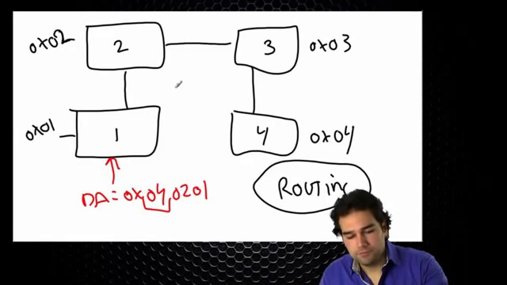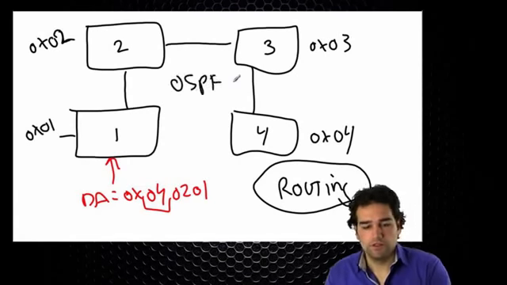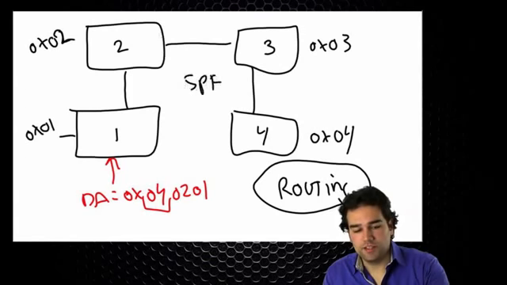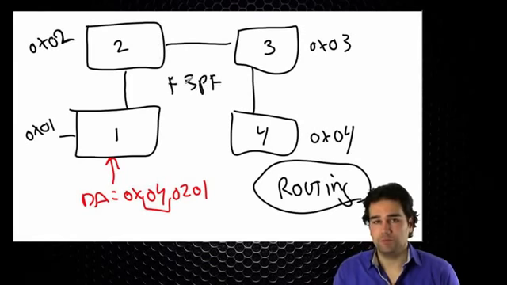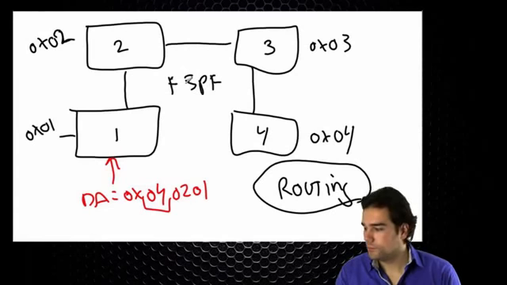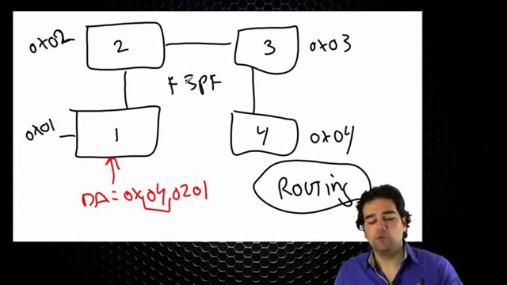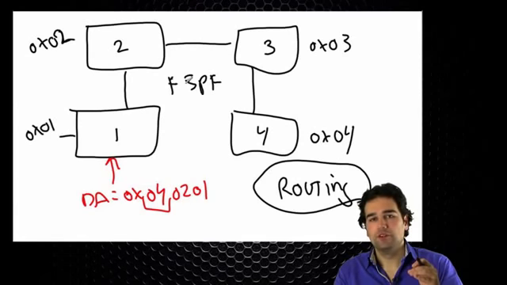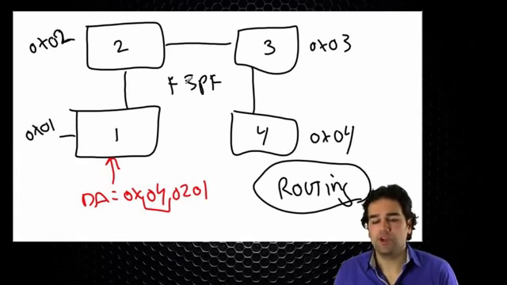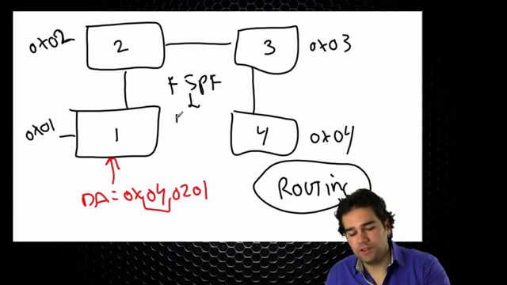How do I know that? I run a routing protocol. It is based on OSPF. It's actually not called OSPF, it's called FSPF. I run a routing protocol between my switches. I do not run the protocol to my hosts because all I advertise in the routing protocol are domain IDs.